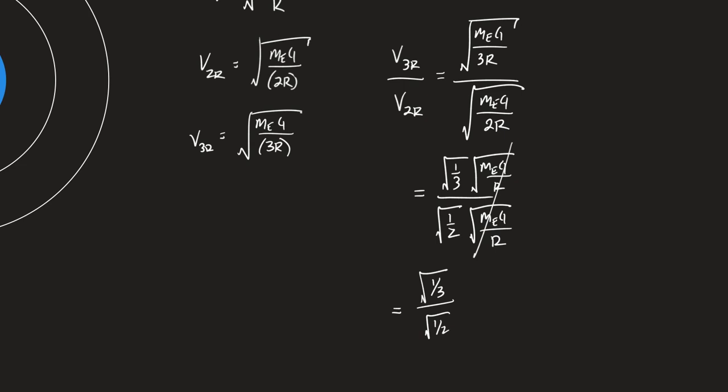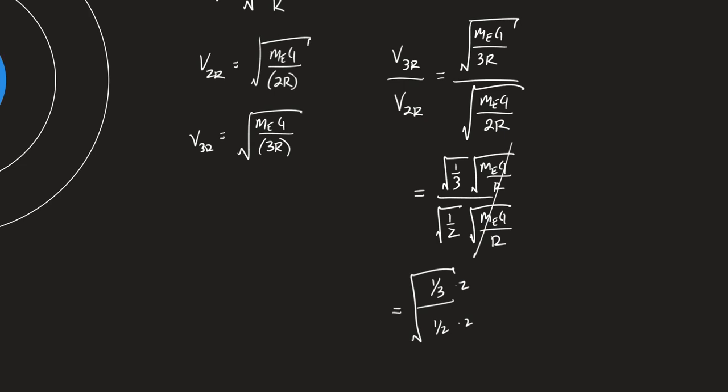I know there's people who have trouble with this, but you're going to have to just figure that out. I'm going to help a little bit. It's all one big happy square root. And then I have 1/3 divided by 1/2. I want to make that not a compound fraction, so I'll just multiply top and bottom by 2.